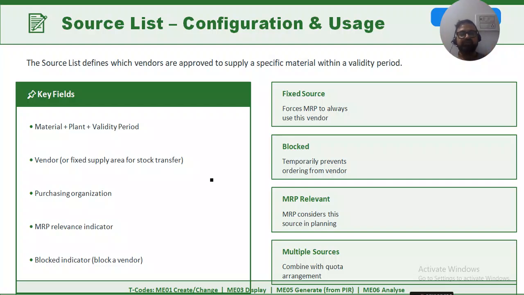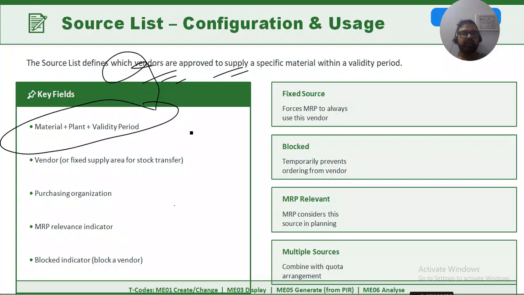In this source list we can put the details. Do not bother about these things because it will be used mostly in MRP. So we will discuss later. Basically in the source list we will put the material, plant, and validity date with supplier.